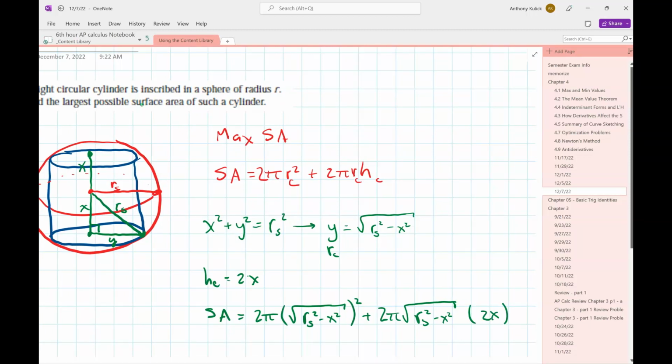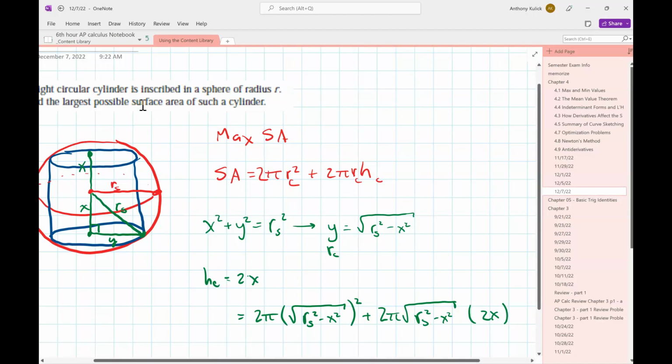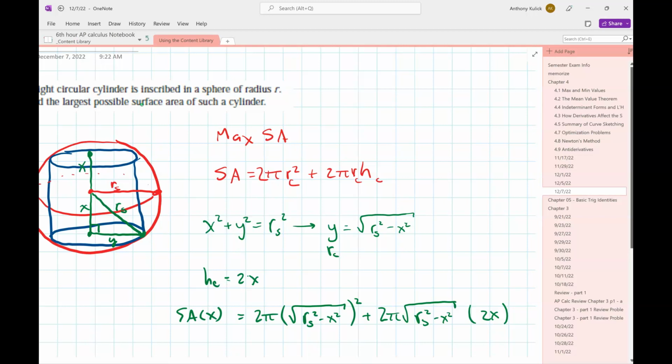Oh, wait, no, never mind. Y is the same as r_c. Yep. I guess I could have used that notation. So this is now an equation in terms of one variable, x. All right, so I can write it like SA of x.